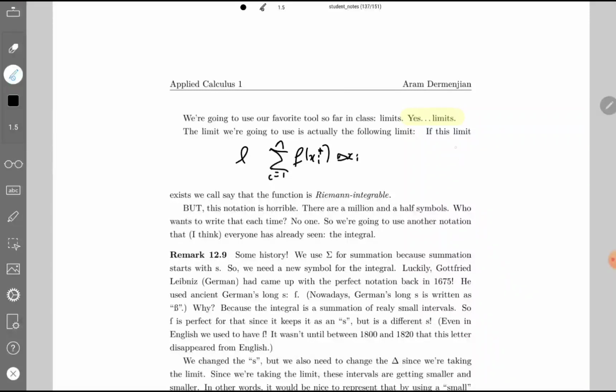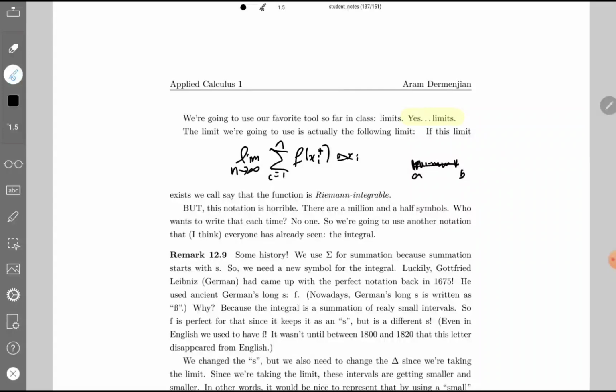Another way to write this is that I want n to go to infinity. Because if I have an infinite number of points between a and b, then the distance between any two gets smaller and smaller and goes to 0.